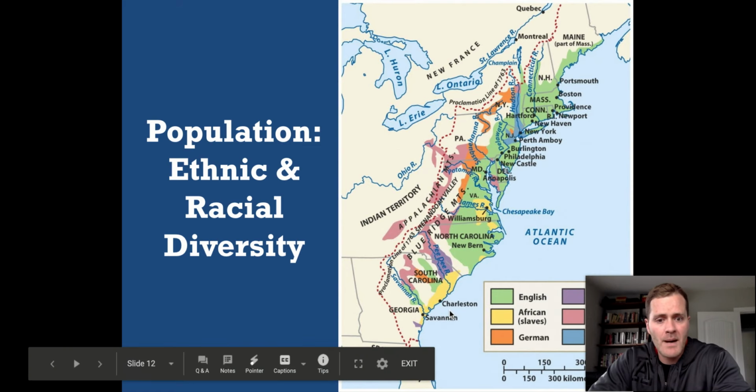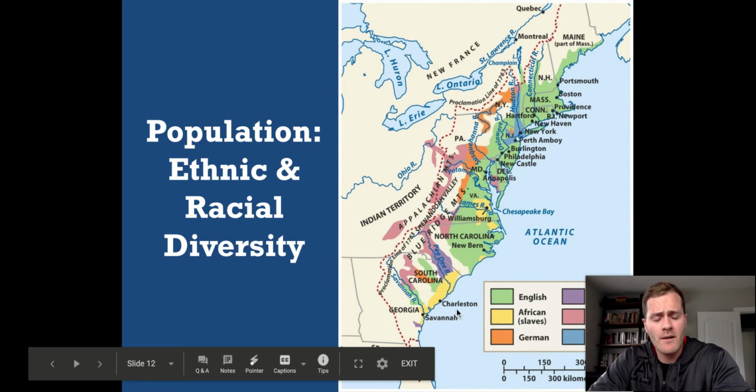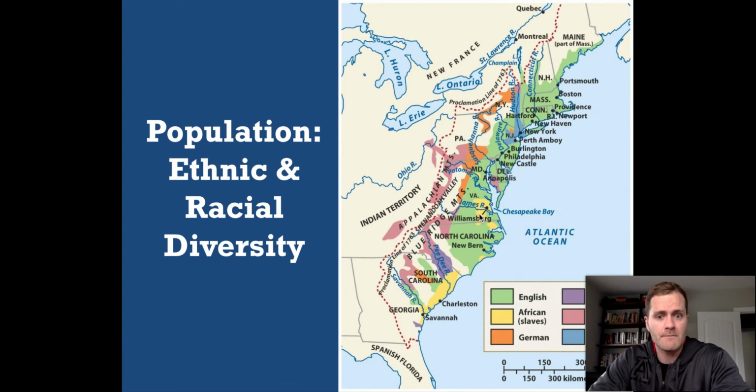We see by 1700, by 1750, a significant influence of African slaves that are in South Carolina along the Atlantic seaboard, that are largely being imported through Charleston, that are here in what was Jamestown along the James River in the Chesapeake. But we also see some other racial groups that are settling, and these other racial groups that are not British are going to be settling on the frontier, and that's going to play a bigger role later.